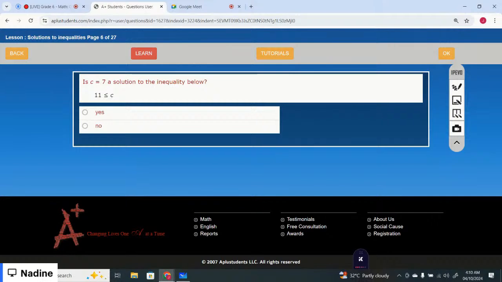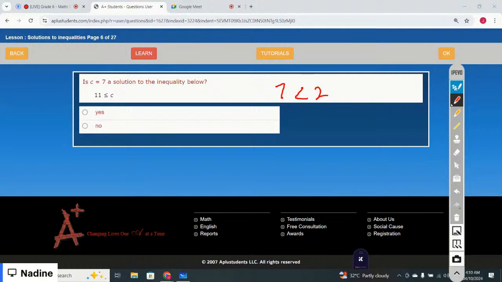Is c equals 7 a solution to the inequality below? 11 is less than or equal to 7.